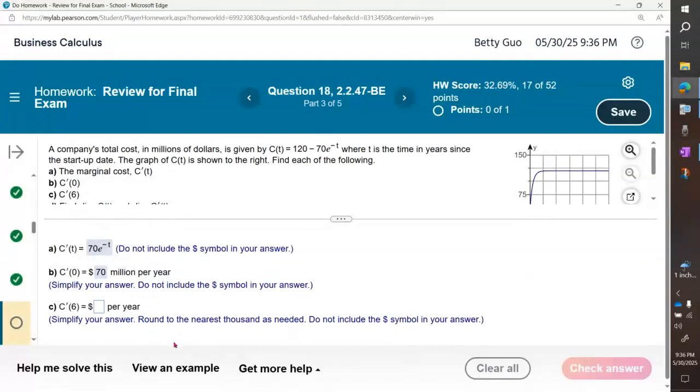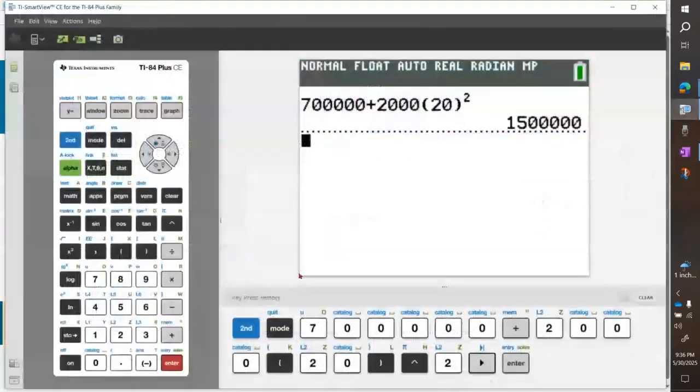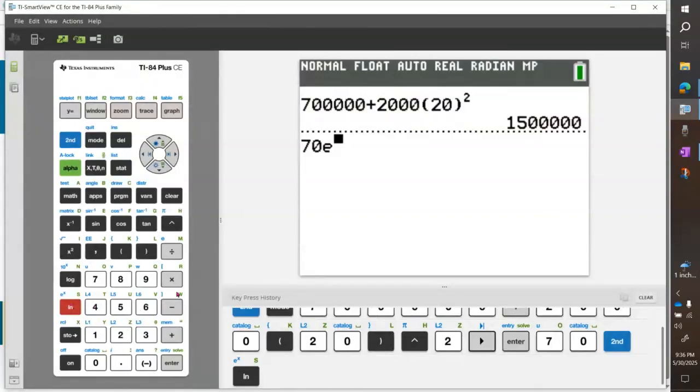We would need to use the calculator for this one. The function is 70 e to the power of negative t, and we're going to plug in t equals 6. 70 e to the power of negative t. This is a negative.